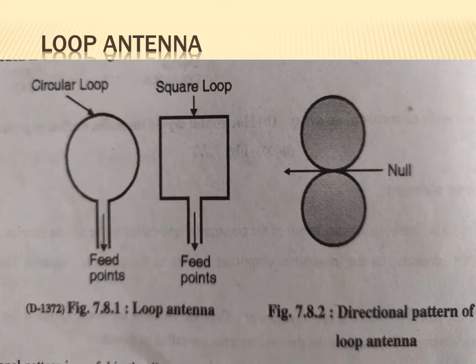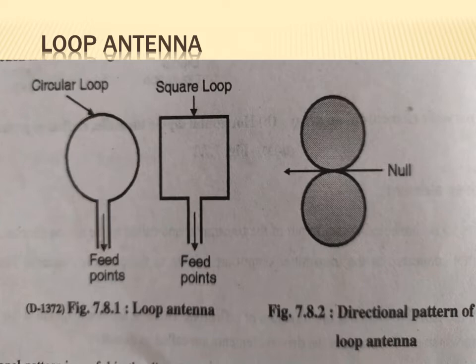This folded dipole antenna is used in the Yagi-Uda antenna. The total current I flowing through the circuit is divided into two parts, I by 2 and I by 2. The radiation pattern is bidirectional. So these two types of antenna we have seen in the last lecture.